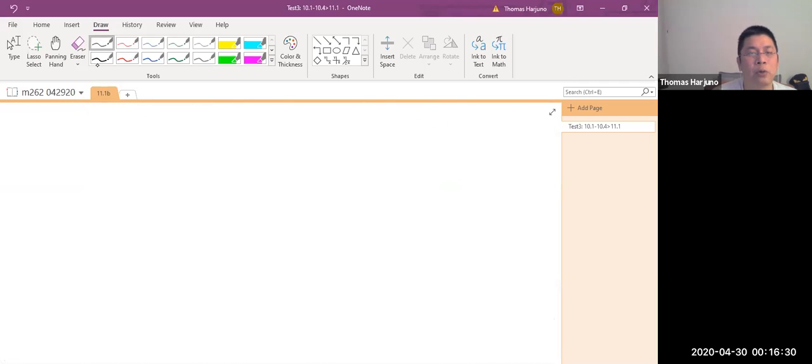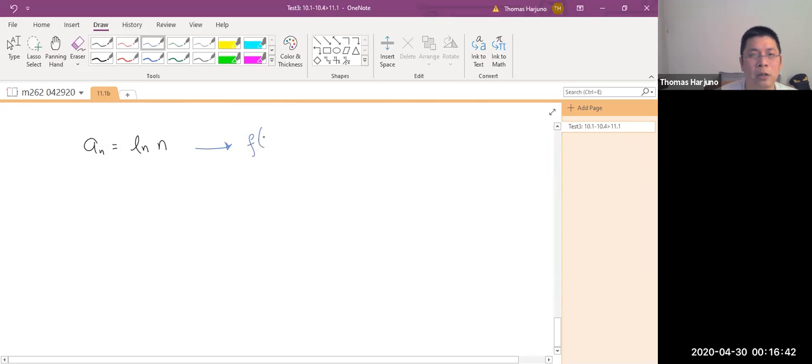The following sequence is monotonic. Natural log of n. This sequence is monotonic, right? In fact, if you think about this, the continuous superposition function for that is ln x, which we know is increasing. It's increasing in the domain.